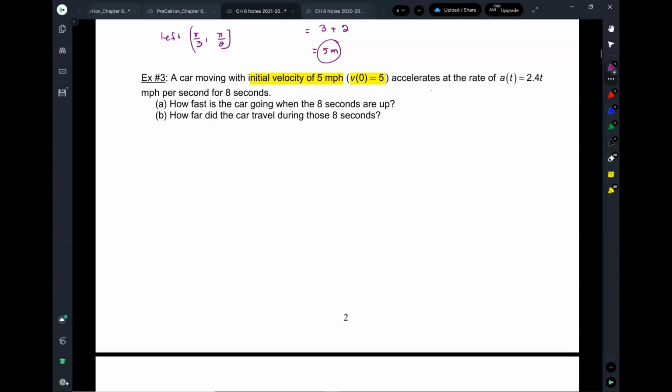And we want to know how fast is it going now after the 8 seconds. So here's how we're going to do this. V of 8 is equal to how much the velocity was at the very beginning plus the total amount that it changed in the 8 seconds.